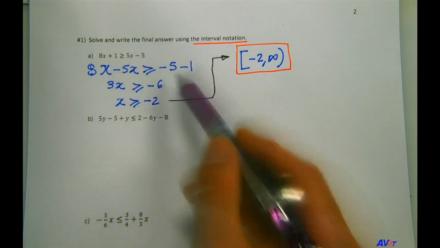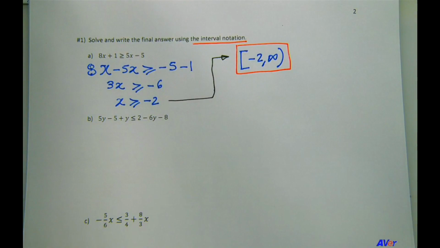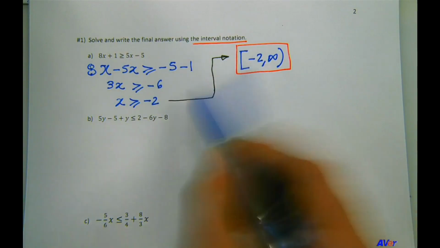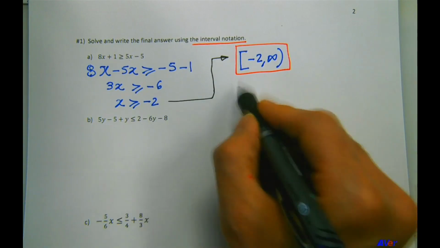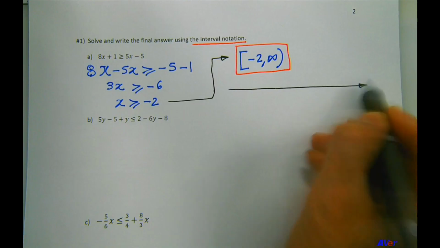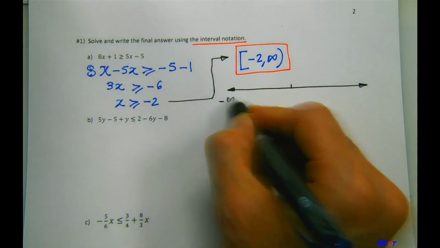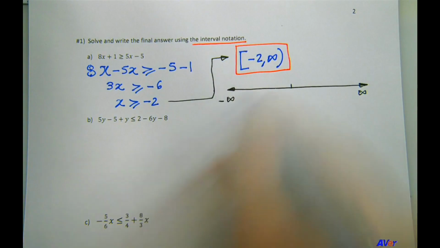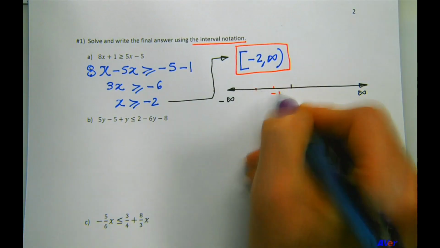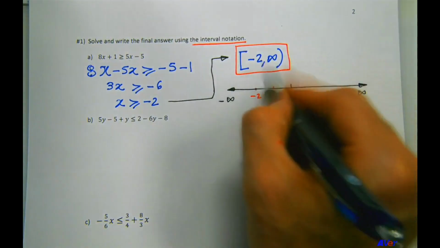In this case, they're not asking us to graph the solution, but to get a better understanding of this, let's draw a picture for some of these examples, not all of them. So if we draw the real number line, from -infinity to infinity, and this solution is -2. So let's say that's -1, and this is -2. And so the solution would be -2 included.